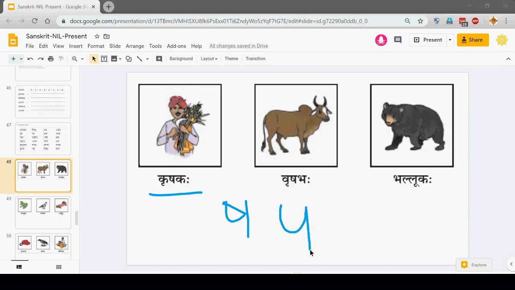The second one is sh. If it is just pa, then there is no line in between. So pa is written like this, and if we write a line, then it becomes sh. Krushakaha. So the first one is correct, kru, and the second one is sh, then ka.